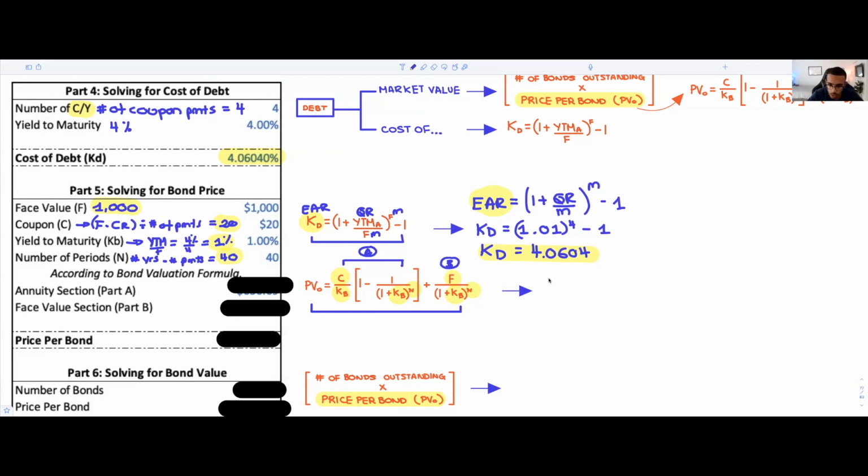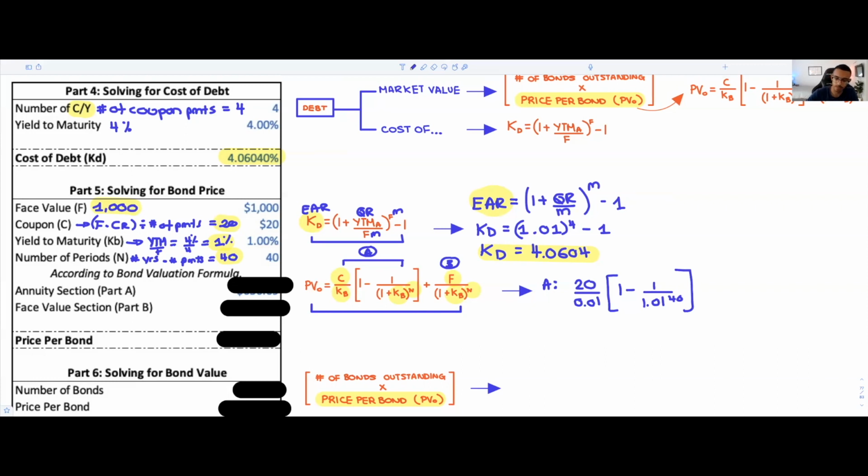Let's try to solve for A first. And A, essentially, will be: we're going to take our coupon, divided by 0.01, multiplied by 1 minus 1 over 1.01 to the power of 40. If we go ahead and plug that in within our formula, we should get something cute.